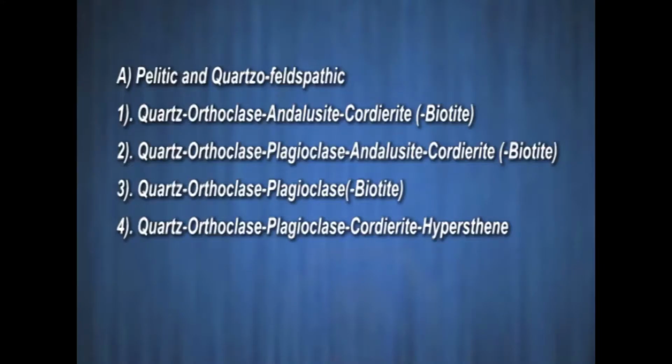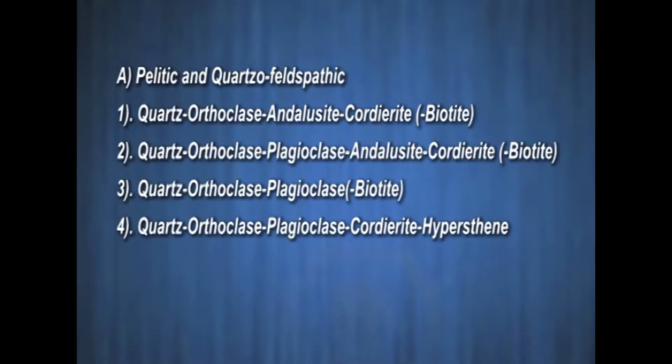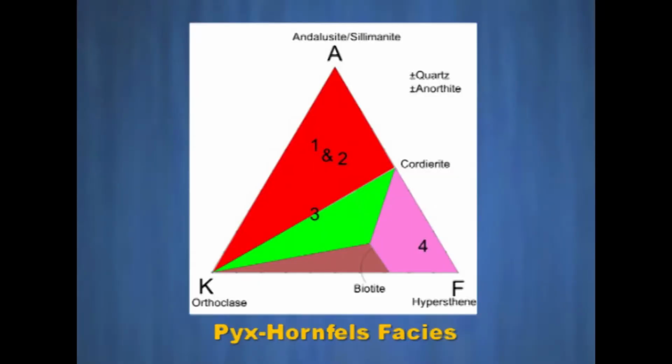Now we can observe the pelitic and quartzo-feldspathic assemblages. First is quartz, orthoclase, andalusite, cordierite, biotite. Second is quartz, orthoclase, plagioclase, andalusite, cordierite plus or minus biotite. Third is quartz, orthoclase, plagioclase, biotite.